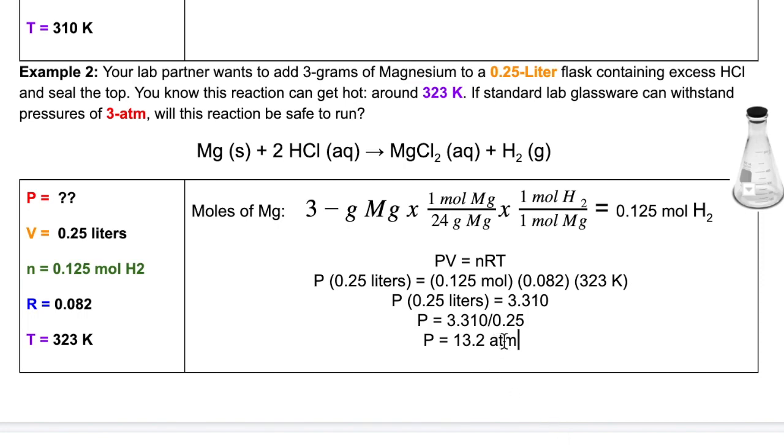Again, labeling. And the question is asking if standard glassware can withstand 3 atm, will this reaction be safe? Well, 13.2 is much larger than 3 atm. Therefore, this is an unsafe reaction, meaning your flask will explode, which is quite unsafe.